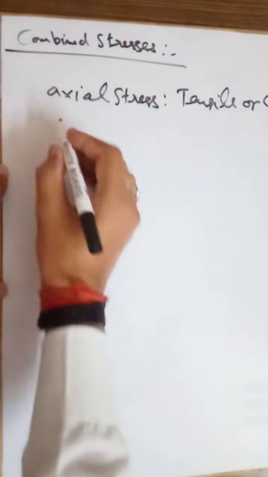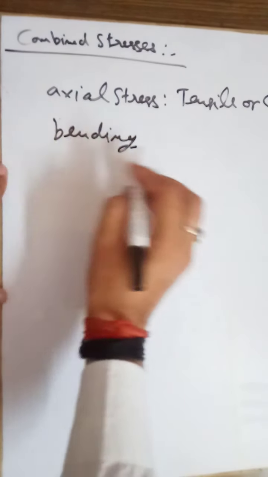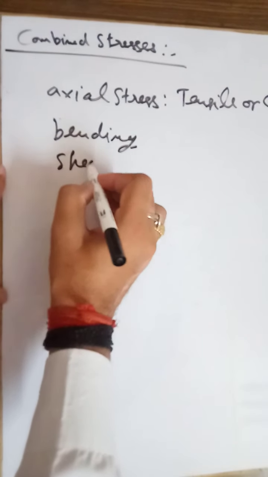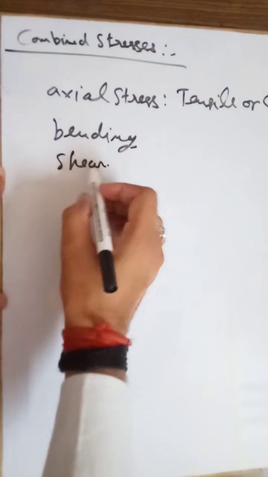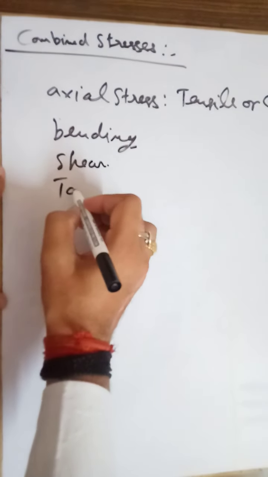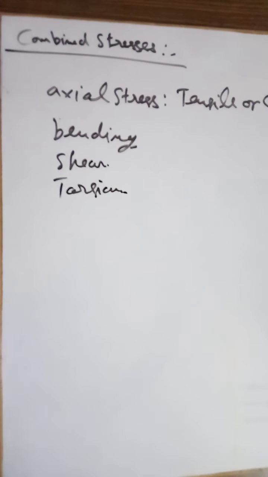So you can say it's the axial stress, so the bending, or the shear, in that we can say it is torsion or the shear or torsion. So you may always sum by the principle of superposition all these types of stresses, so that is known as the combined stresses or the compound stress.